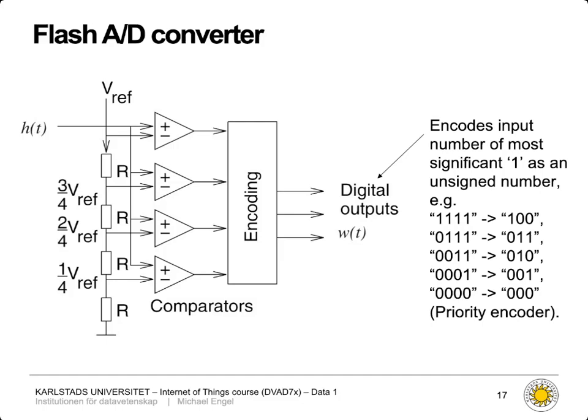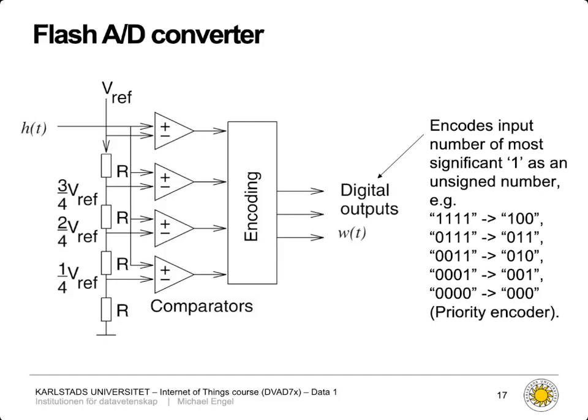This reference voltage should be higher than the highest voltage in the signal we want to digitize. On the left-hand side, you see 4 resistors R. These resistors all have the same size, and of course we have ground on the bottom. So if we have a reference voltage going in on the top, and four resistors here, then we divide our voltage into four equal parts.